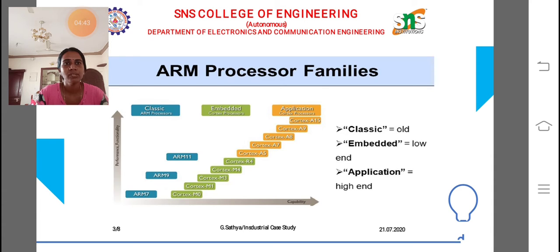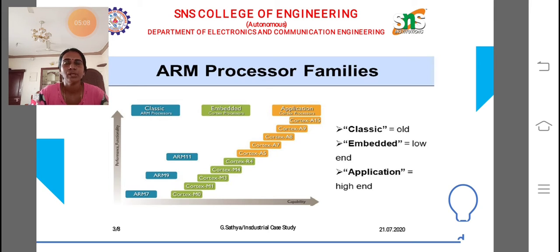And the second one is embedded. For this embedded application, we are considering the Cortex-M processor. The ARM Cortex-M3 processor is well suited to highly deterministic real-time applications, even at low cost and performance, such as automotive body systems, industrial control systems, wireless networking, sensors, and many more.